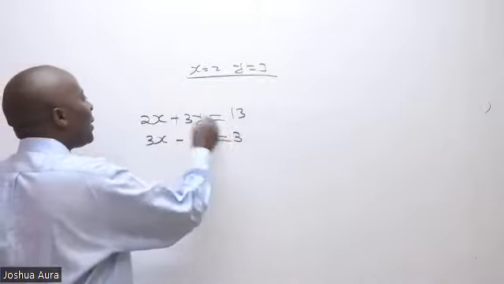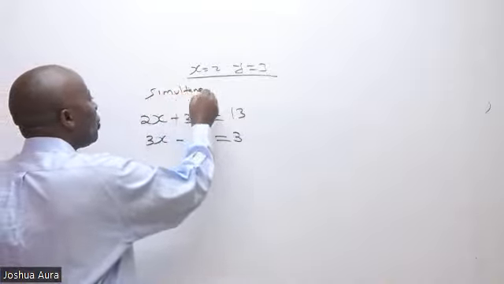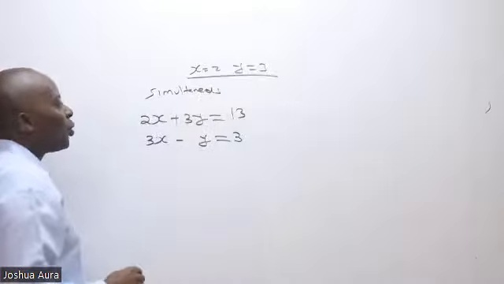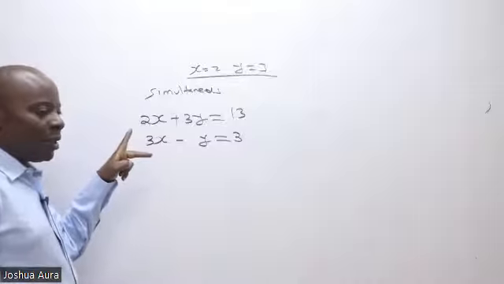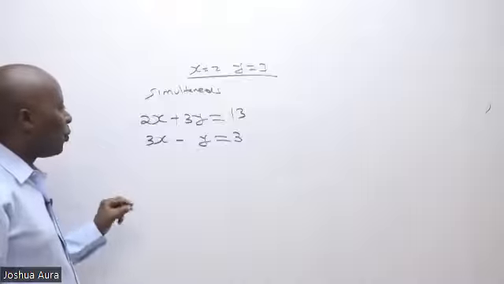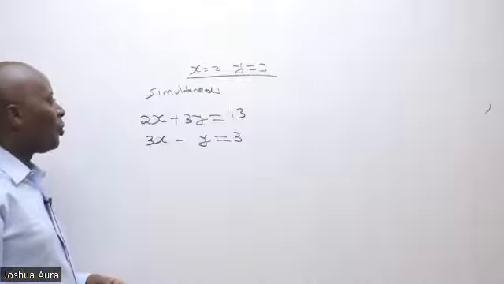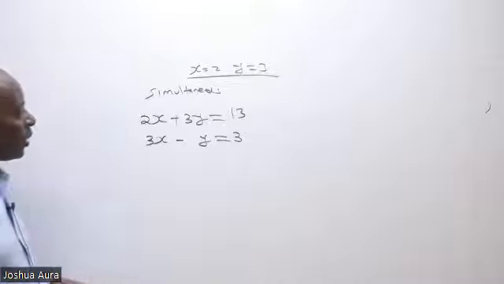If you're given something like this, these are two simultaneous equations. You're supposed to use them at the same time to get the value of x and y, so solve for x and y simultaneously. There are many methods I could make use of.